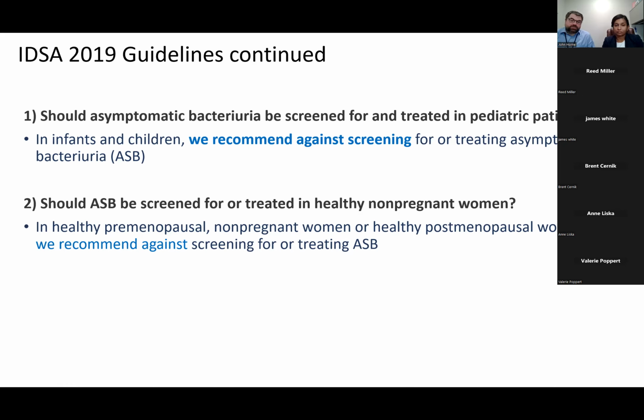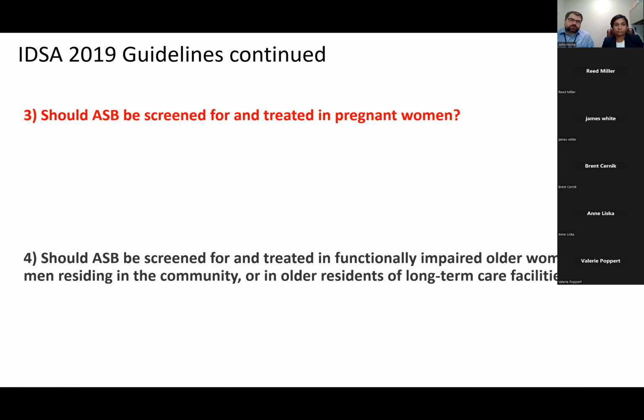But if you randomly screen people, a portion of them are going to have bacteria, a portion won't, and a portion will have bacteria sometimes and then it goes away and comes back. There's no benefit to treating them, and there's actually harm, because you're getting the bad parts of the antibiotic. So it's important not to test unless you have the intent to treat.